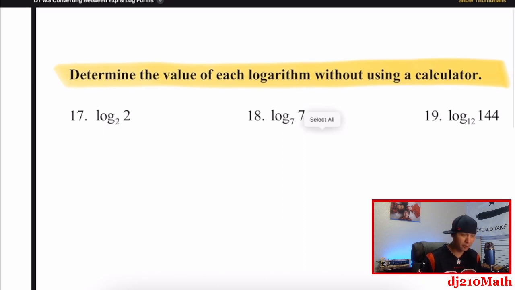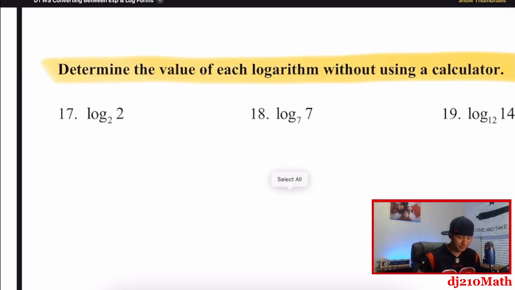You can use whatever variable you want. I like using x just because that's typically what we use in algebra. So I set it equal to x. Then you convert it to exponential, and then the x typically becomes obvious.